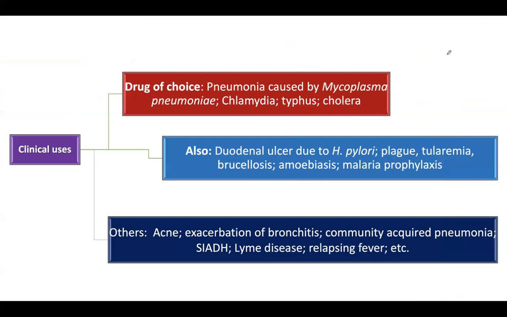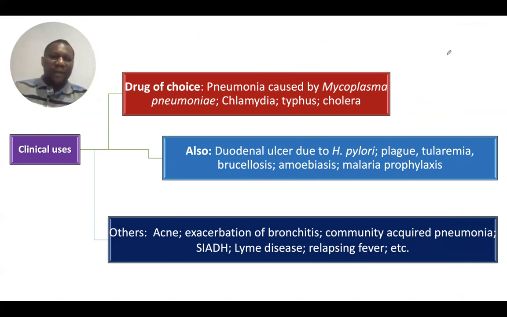Now, based on the organisms that they would normally attack, what do we use the tetracyclines for? One of the things you want to keep in mind is that tetracyclines used to be very popular years ago, but now their popularity has declined due to what we call resistance, okay?